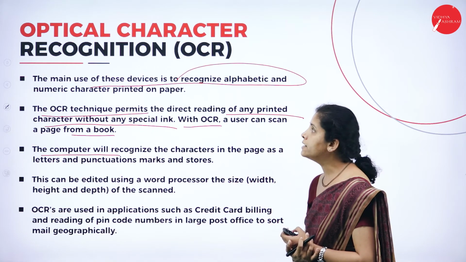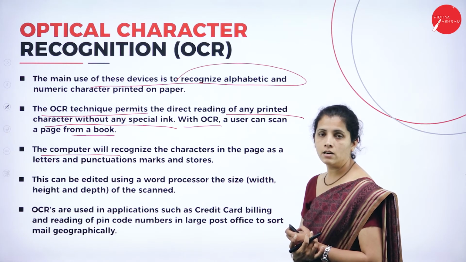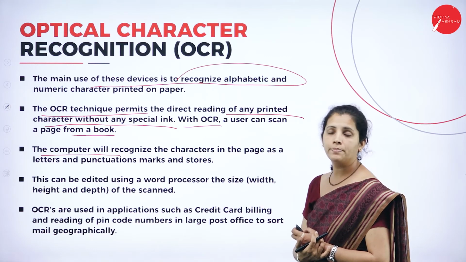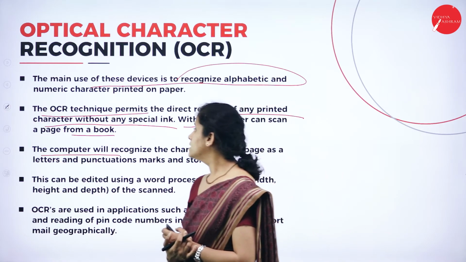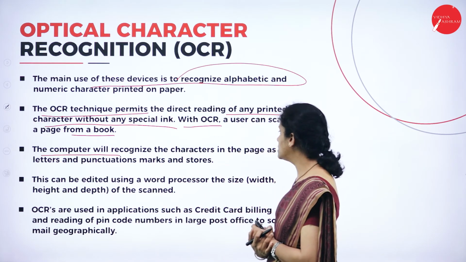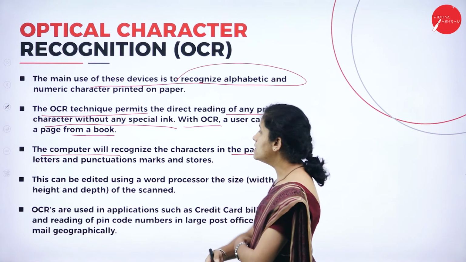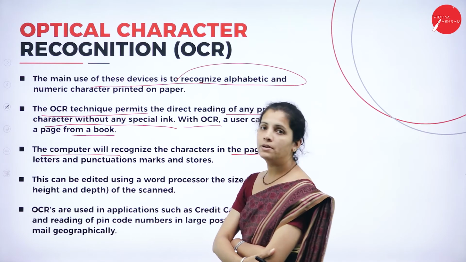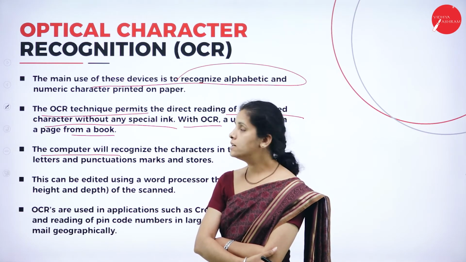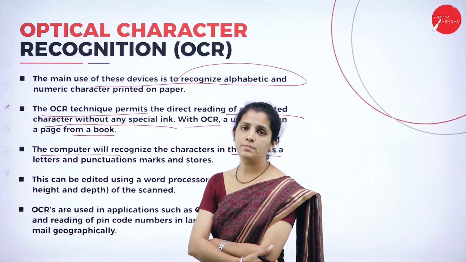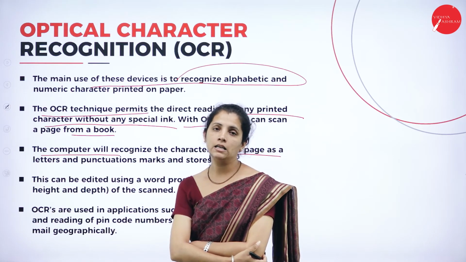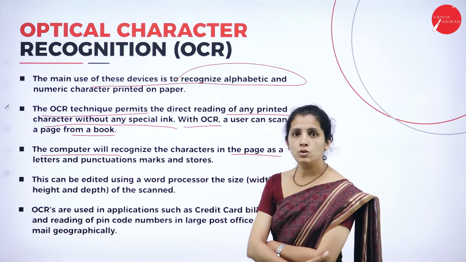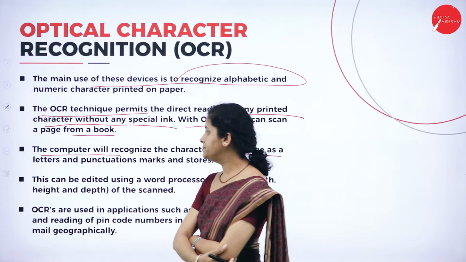Similarly, by using an optical character reader, I can read the characters or numbers present in the book. The computer will recognize the characters in the page as letters and punctuation marks, and it is responsible for storing them. So here OCR is responsible for reading the letters as well as numbers, and also for storing the read information.